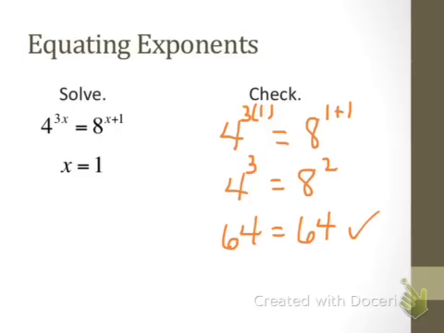So this is one way that you can solve equations where your variable is up in the exponent. Look at those bases, see if you can rewrite the bases using the same base, and then set your exponents equal to each other. Now, as you can imagine, that doesn't always work.